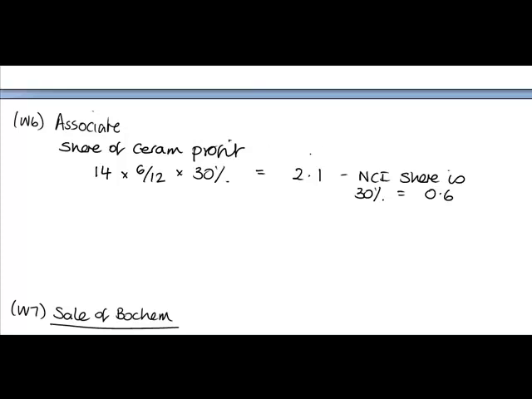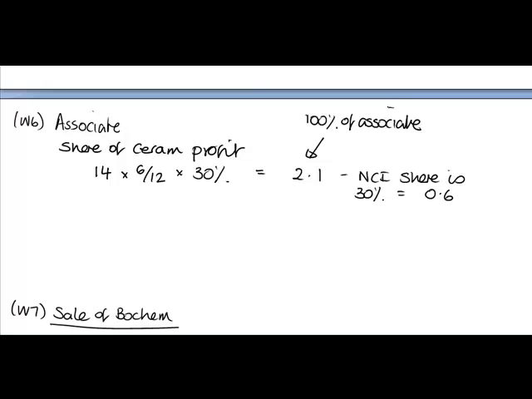Because remember, that represents 100% of the associate, and the NCI of Bockham have 30% of that investment, so we've got to give them 30% of those profits.